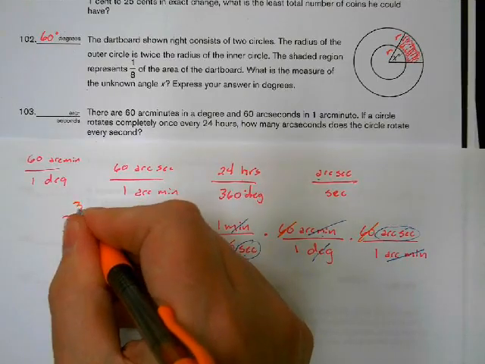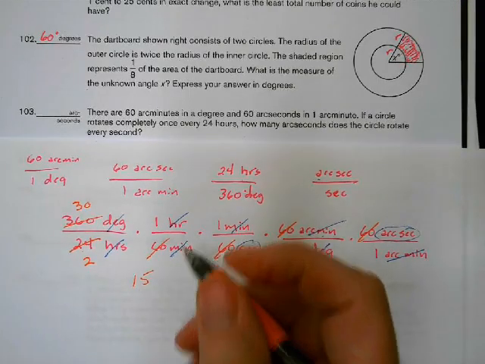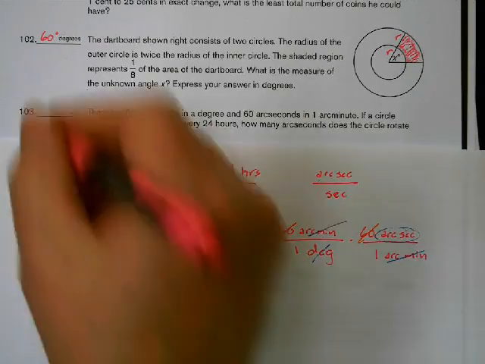And then 2 goes into 30 15 times. My final answer is 15, I believe. Did I do that right? Where's my answer? Yes, my answer is 15 arc seconds per second. Just a conversion problem.